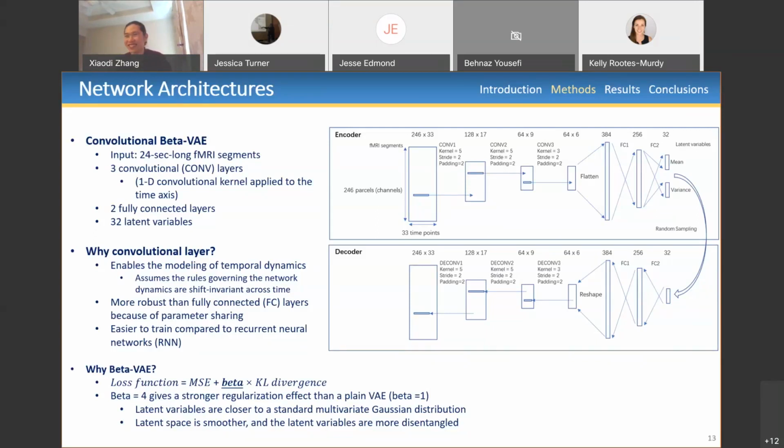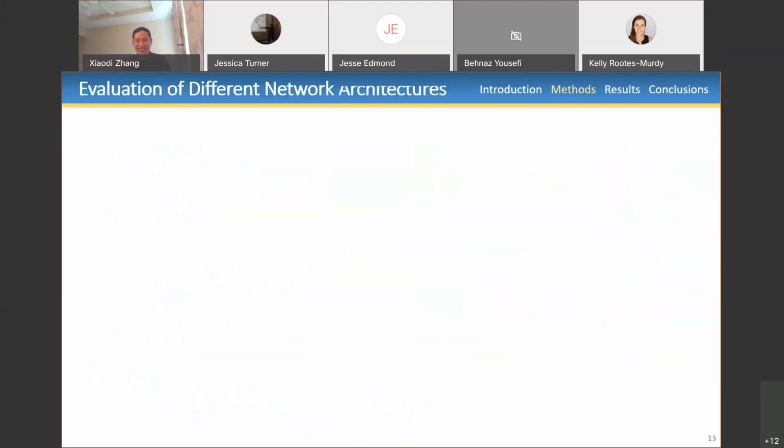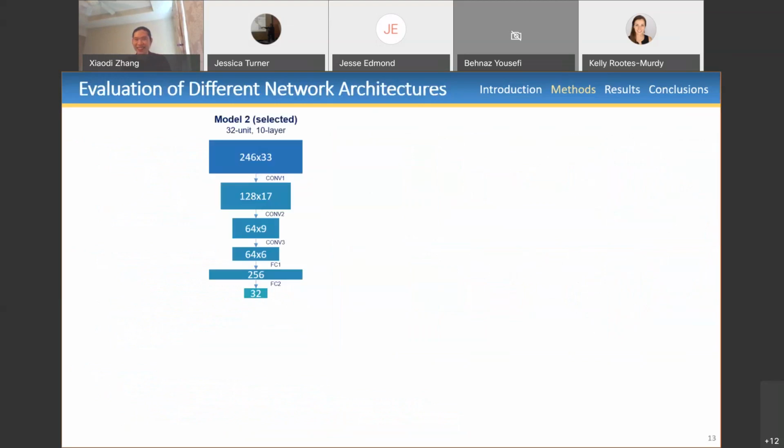You're welcome. We actually tested a few different network architectures. This is one that I just showed you earlier: an encoder and a symmetric decoder.